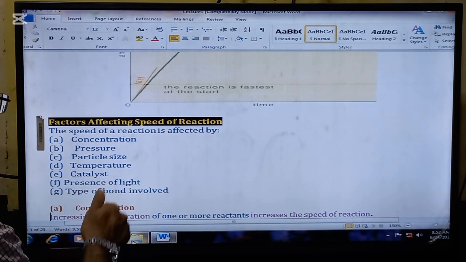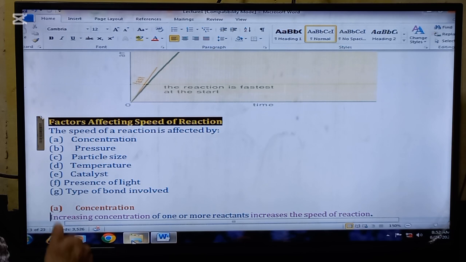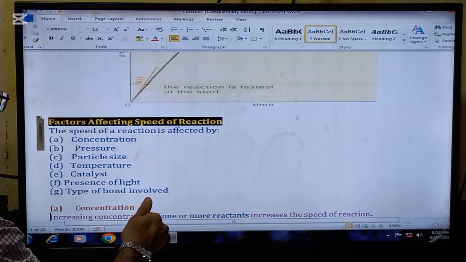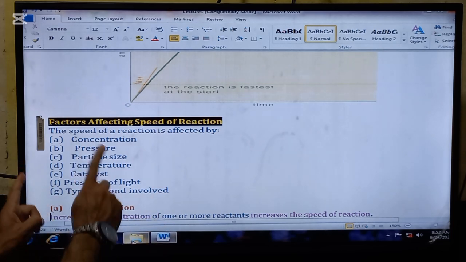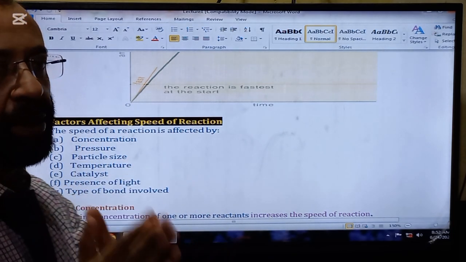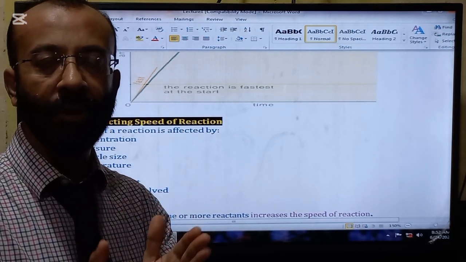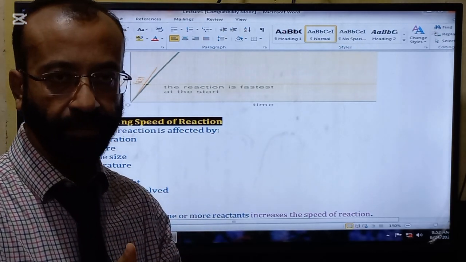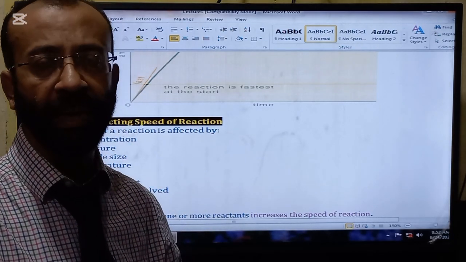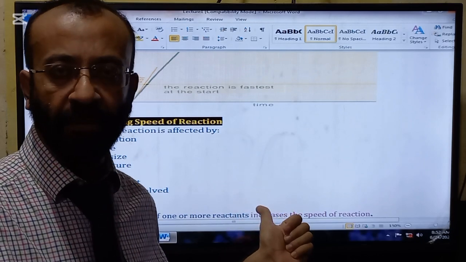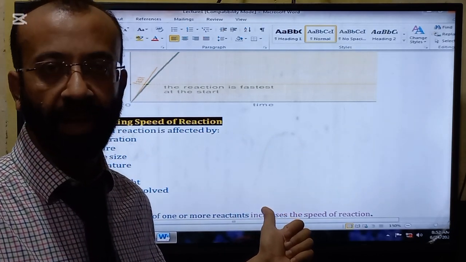Number five, catalyst. Number six, presence of light. And number seven, type of bond involved. So these are the factors which affect the rate of the chemical reaction. And now we will read the effect of these factors one by one in detail.